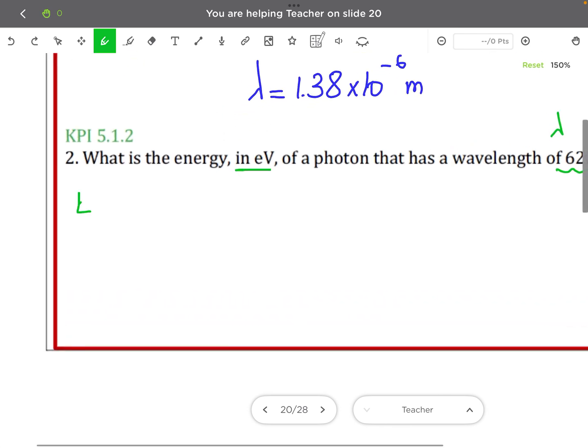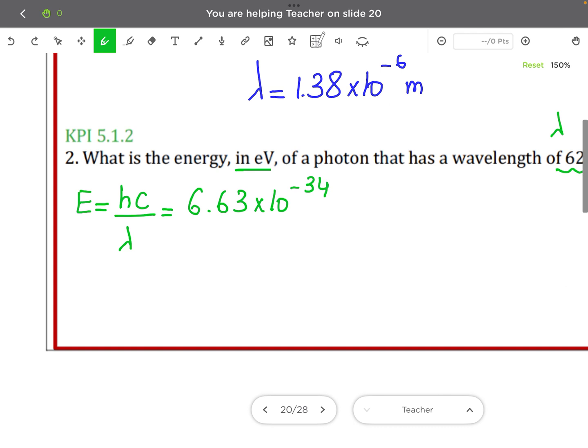Because I'm using h, I will have the energy in joules. So it is 6.63 times 10 to the power of negative 34 times 3 times 10 to the power of 8, divided by 620. Nano means 10 to the power of negative 9.